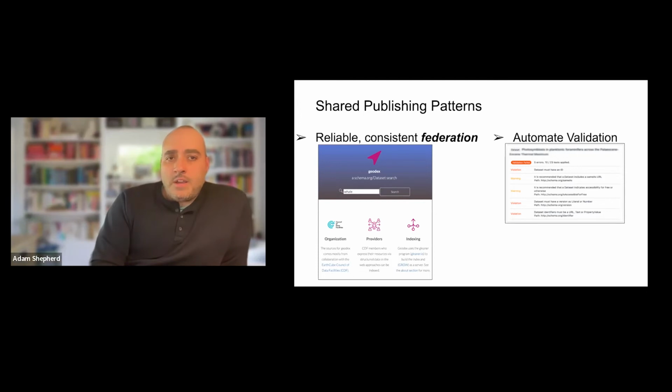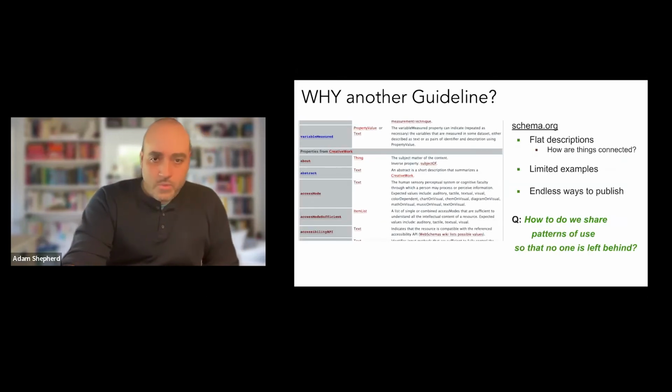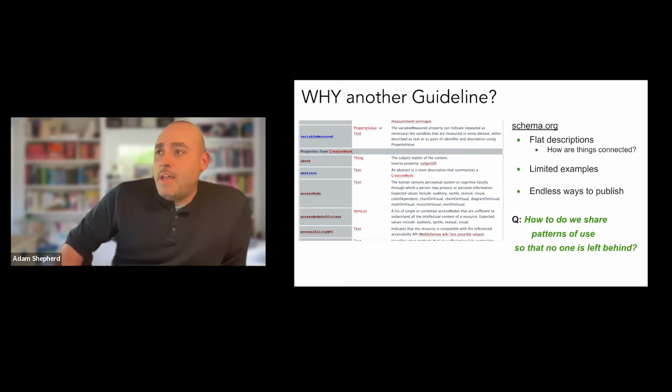Because we have these shared publishing patterns and shared conceptualizations about what a dataset is and how it's described, we can write automated validation tooling against this. Clearly Google has its own tools, but someone in our community wrote a validator against our specific version of the recommendations for describing these scientific datasets. And so you might ask, okay, well, schema.org has their own guidelines and documentation.